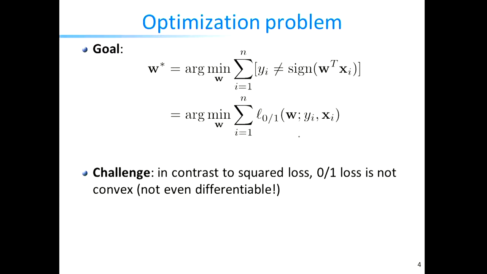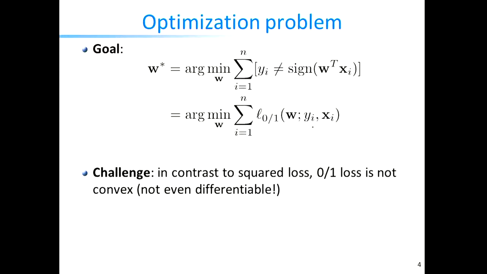It seems like a reasonable one: you want to find the linear classifier that classifies as many examples in the training set correctly as possible. Then what we noticed is that this resulting optimization problem, on this slide here, in contrast to the one that we encountered when discussing least squares regression, is much harder. It's not even a continuous objective function. And in general, trying to solve this optimization problem optimally is in fact NP hard.